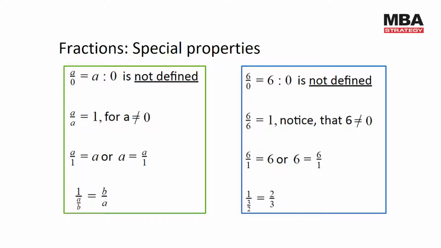So first of all, you need to remember that division by 0 is not defined. So a fraction, something over 0, doesn't exist. And if you divide a number by itself, if this number is not 0, then you just get 1. And if you divide by 1, you have the number itself.